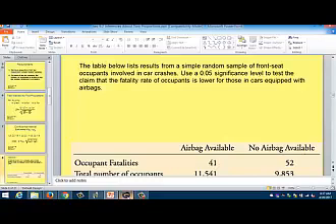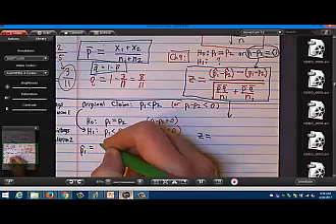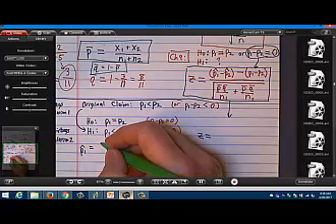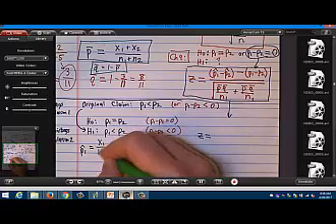P1 hat is supposed to be the fatality rate, right? How do you get the fatality rate for the first population? Remember, there's a formula for P1 hat. X over n, yeah. So this is going to be x1 over n1.